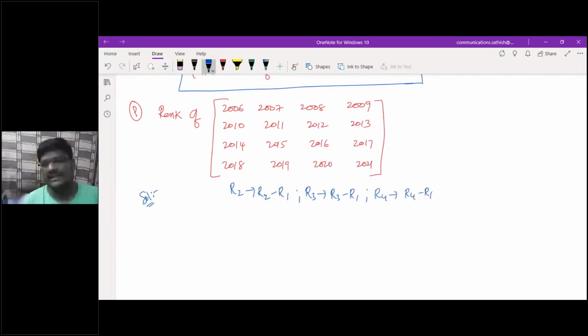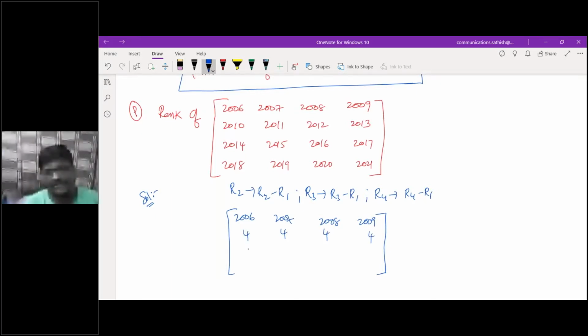Then what are the values? Row 1 is 2006, 2007, 2008, 2009. Then 10 minus 6 is 4, so 4, 4, 4, 4, then 8, 8, 8, 8, then the last row 12, 12, 12, 12. Am I correct or wrong? Yes, sir.